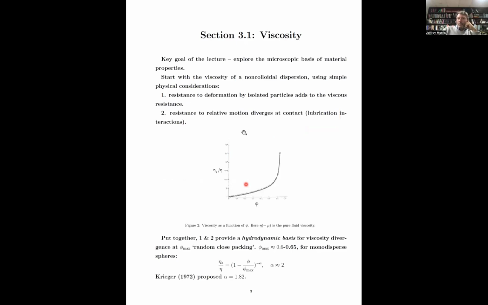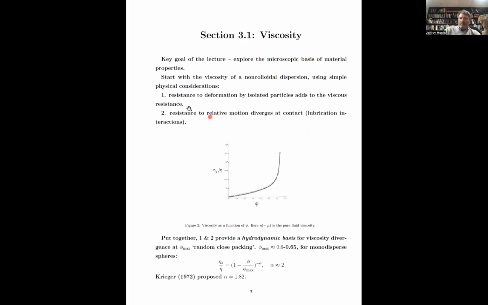Okay, so the relationship of the microscopic structure and the forces to the material properties is a key idea. So we've been talking about resistance to deformation by isolated particles, which through the Einstein viscosity gives an increase in the viscous resistance.